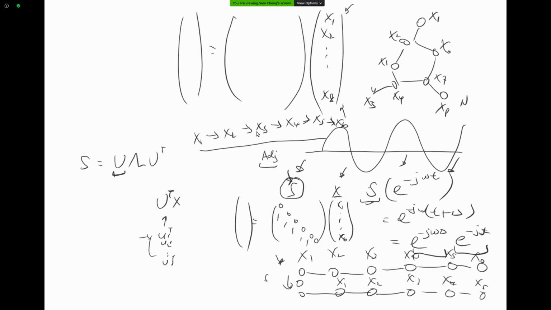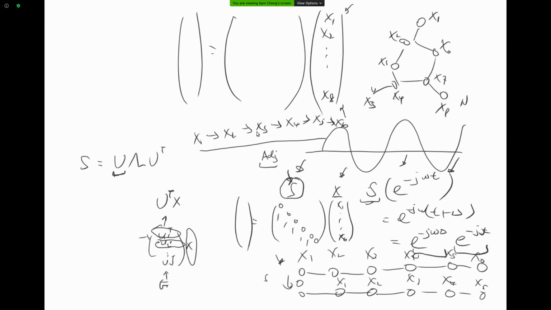When each row eigenvector is multiplied by this, we just get the projection, and afterward this will be the Fourier transform.